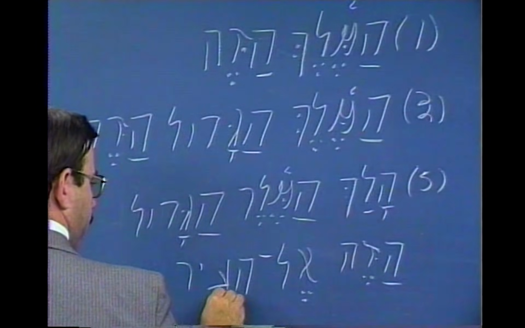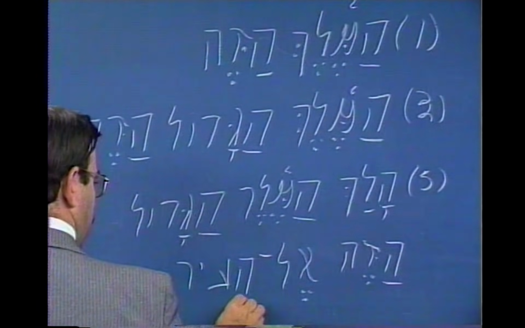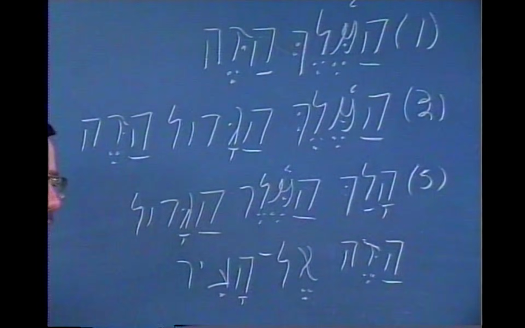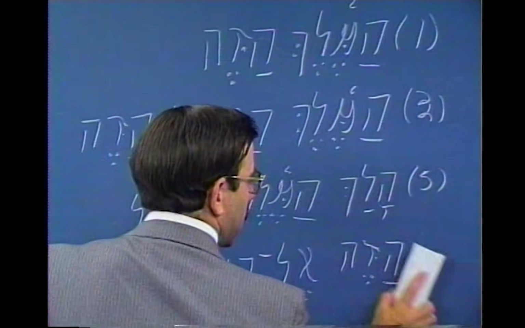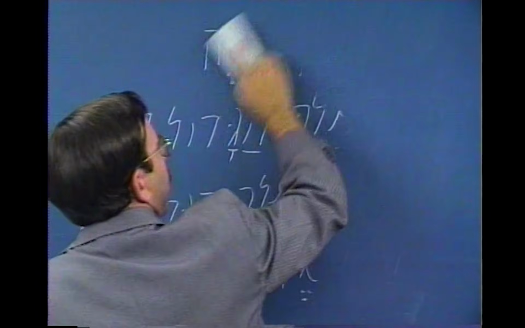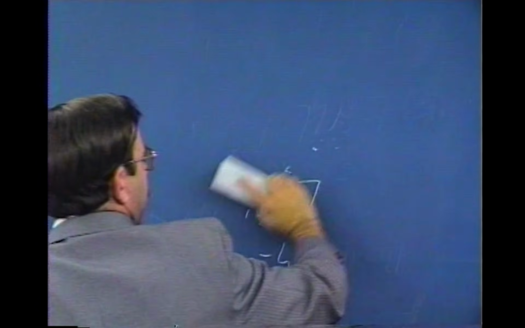Ha-ir. And that would be like that. All right, so that gives you an example then of number 5. Okay, let's continue on. We'll erase those. Okay, we look to number 7.